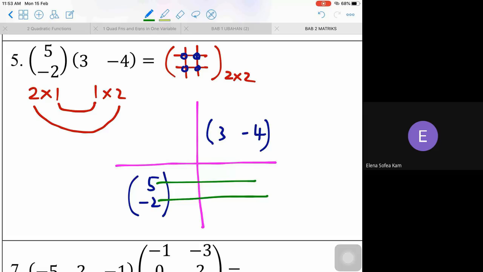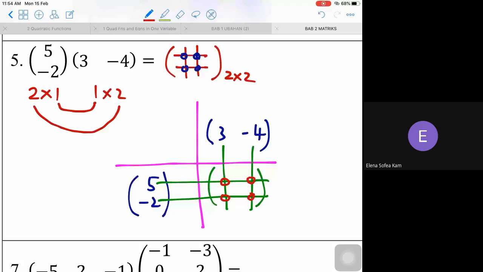And then ini 1, 2. Okay, so we have 1, 2, 3, 4 elements. So now how to find the elements, how to do the multiplications here. Okay, now I can do like this. First one is 5 times 3.